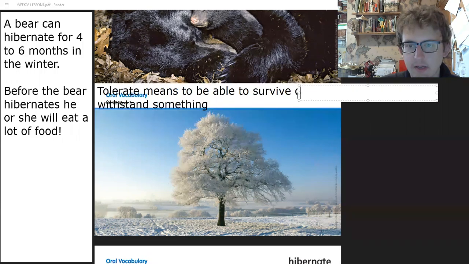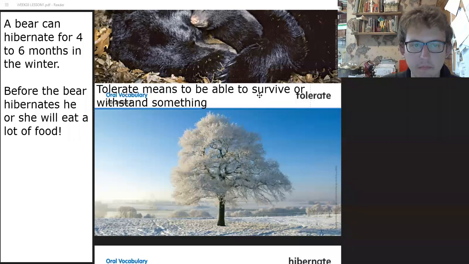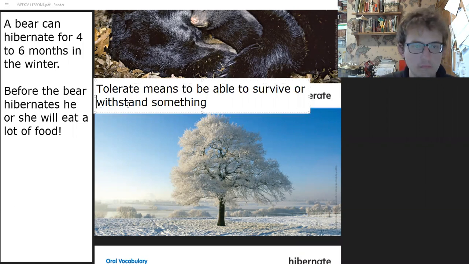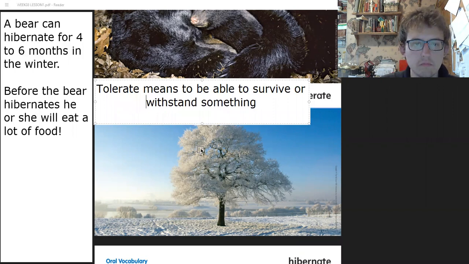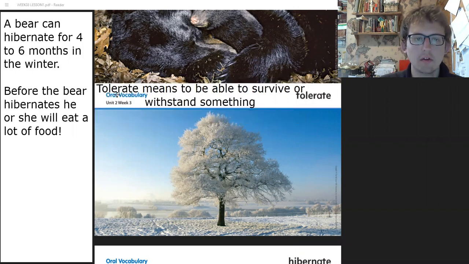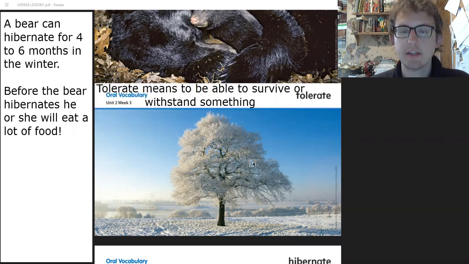So, for example, this tree, this oak tree, is able to tolerate the very cold winters.